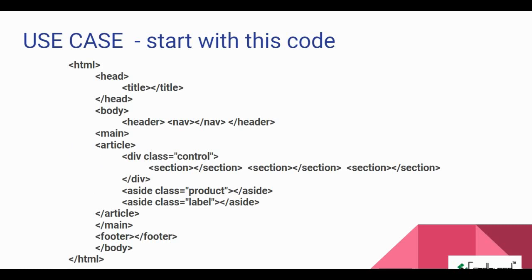Now, you already understand some parts of this code, like what the HTML tag here does. It actually marks the boundaries of our page. It sets our HTML document so that the browser can understand that this is an HTML document that it is about to handle.